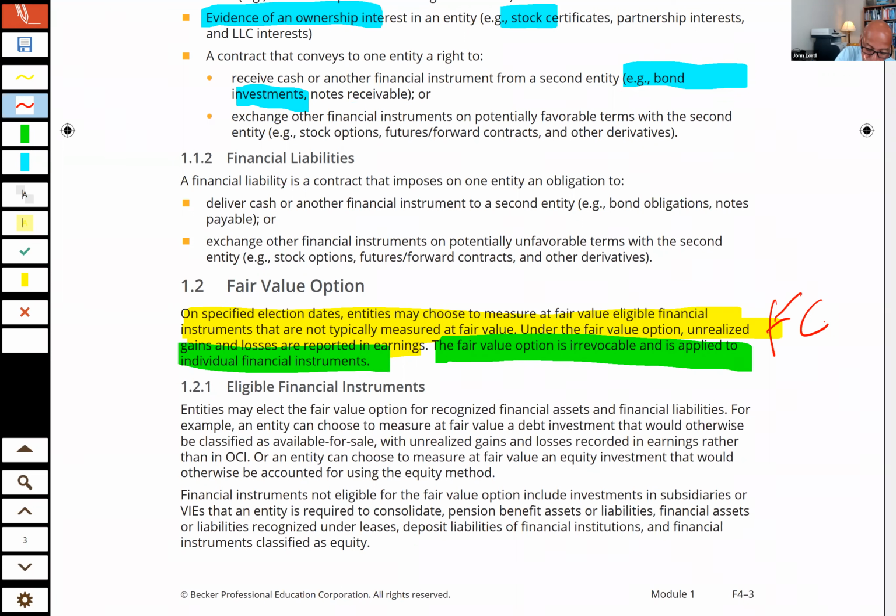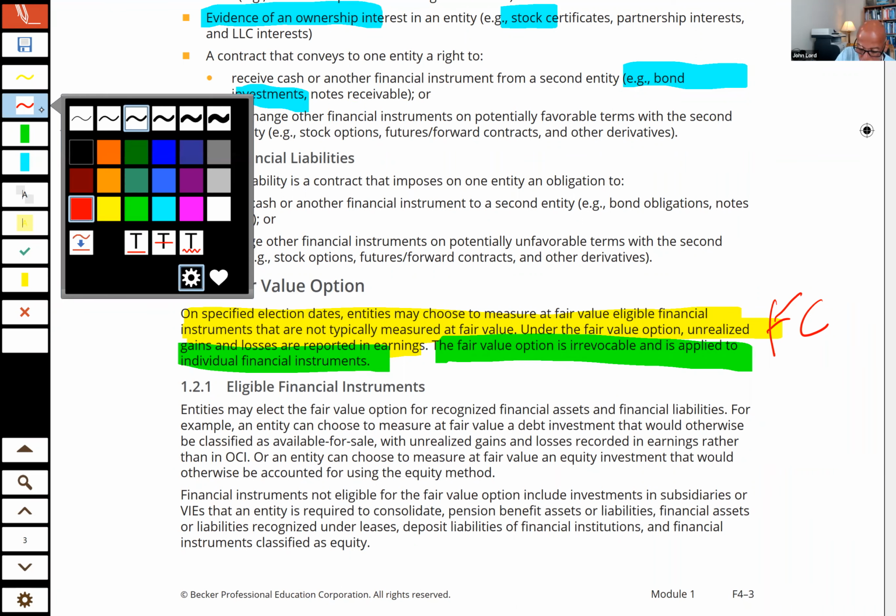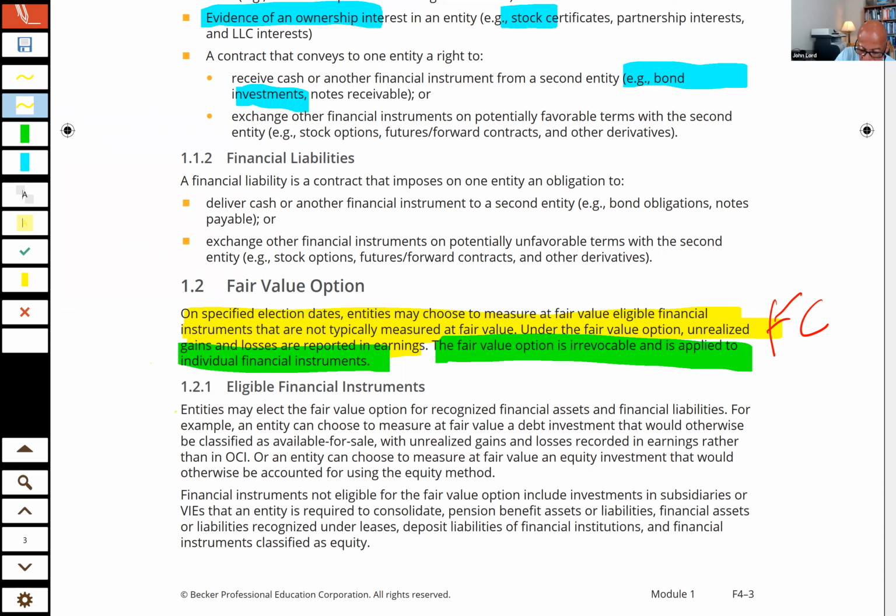Now, it is worthwhile to look at this section down here, where we say entities may elect the fair value option for recognized financial assets and financial liabilities. For example, an entity can choose to measure at fair value a debt instrument that would otherwise be classified as available for sale, or frankly held to maturity, with unrealized holding gains reported in earnings rather than in OCI.